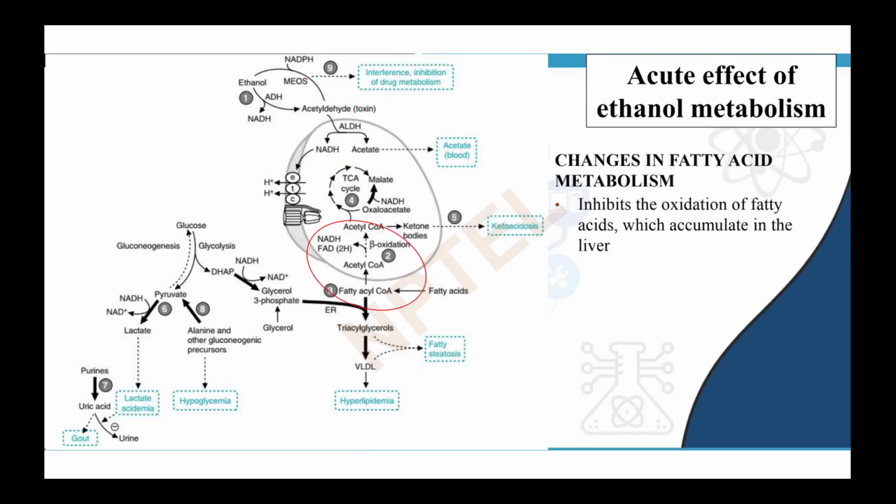Why? Because if you see, the beta oxidation pathway produces what? NADH and FADH2, right? If you recall the beta oxidation pathway, the activated fatty acids are broken down into two carbon product, that is acetyl coenzyme A, and after every step NADH is being released.